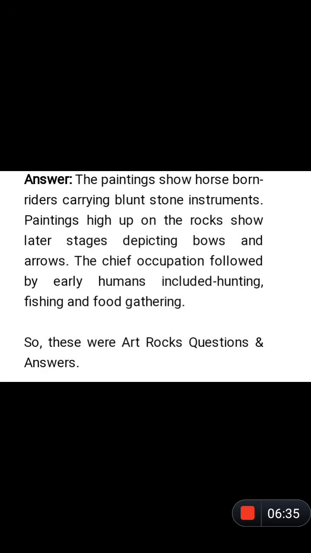So at some time they held blunt stone instruments that were not very sharp, and after that there were paintings which show some development in those instruments, and they saw bows and arrows. Bows and arrows means tir kaman, tir dhanus. The chief occupation followed by early humans included hunting, fishing, and food gathering. So the basic occupations were hunting, fishing, and food gathering. I mean, to survive, they needed to collect their food.